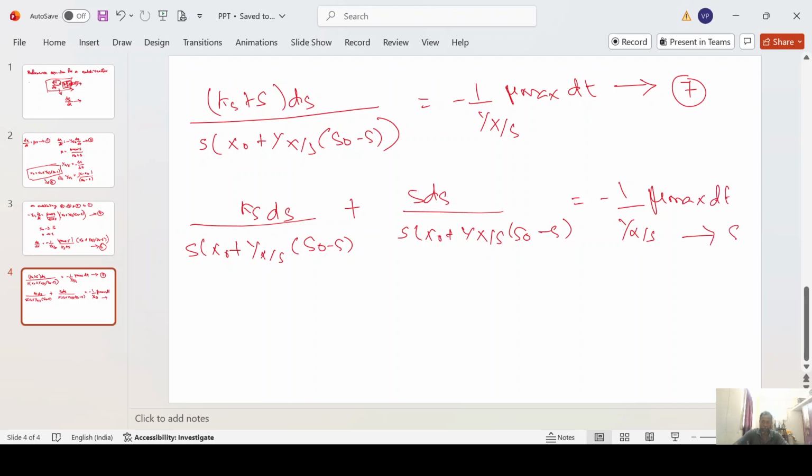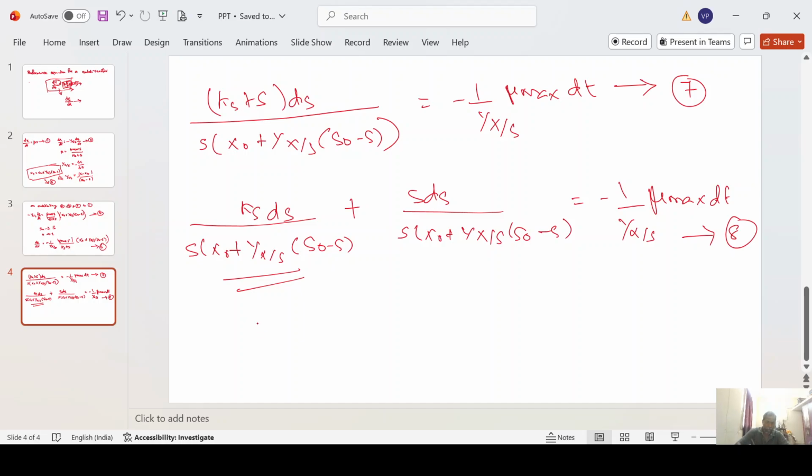Let us take this as equation 8. This portion we need to integrate separately, by the separate method of partial fractions.